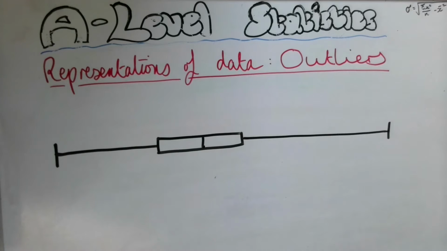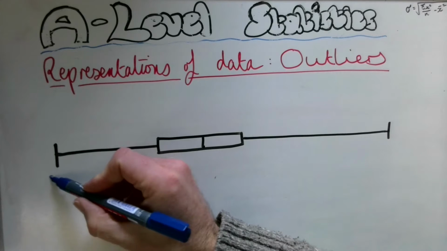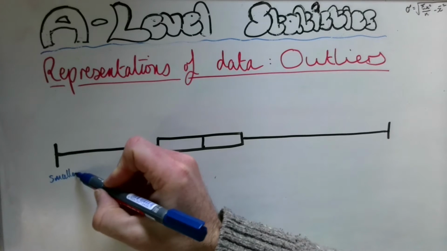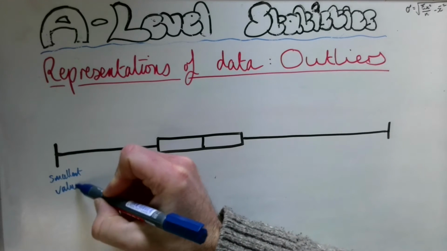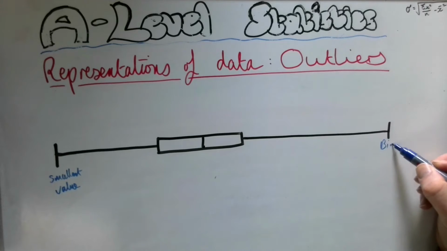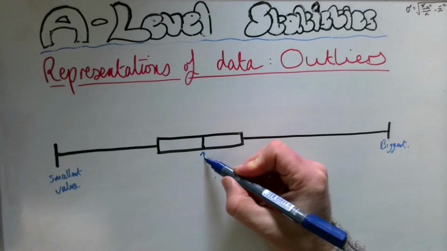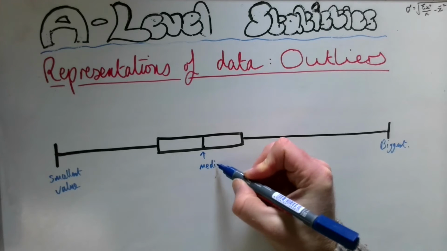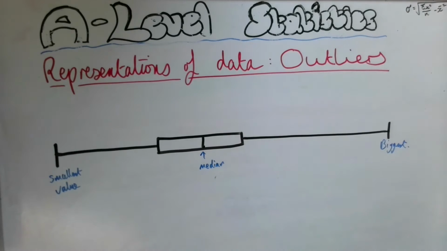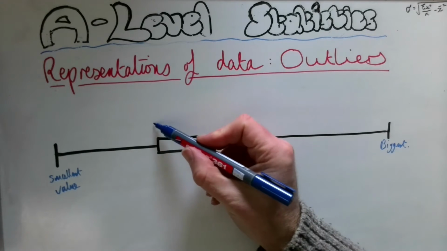So on a box and whisker diagram, we've got a few different things going on. We've got our smallest value, we've got our biggest value up the other end. In the middle, we've got the median, the value that if we were to put them all in order, the one that would come right in the middle. And that'll be somewhere in the middle of the interquartile range.